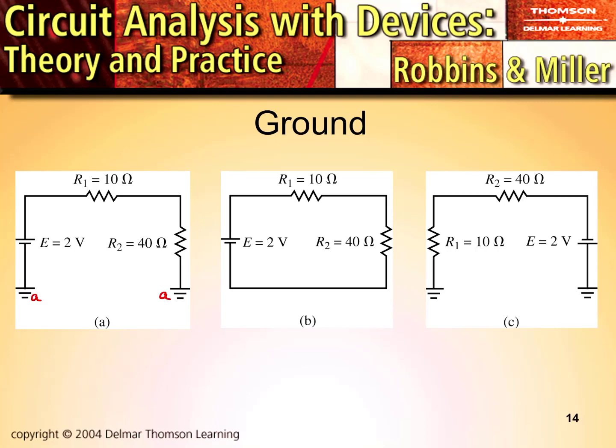And if it's the same point, you could connect it with a line. That means if you wanted to show the circuit as a closed loop circuit, you can freely decide to connect ground symbols together to give you a closed loop.